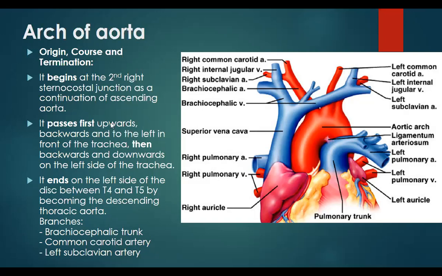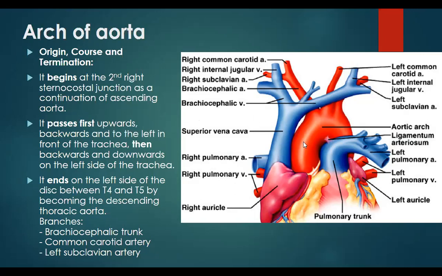It passes upwards, backwards, and to the left in front of the trachea. So if you see here, it will ascend upwards. It's not only going towards the left, it is also going behind, posterior. Okay, upwards, as well as backwards to the left.